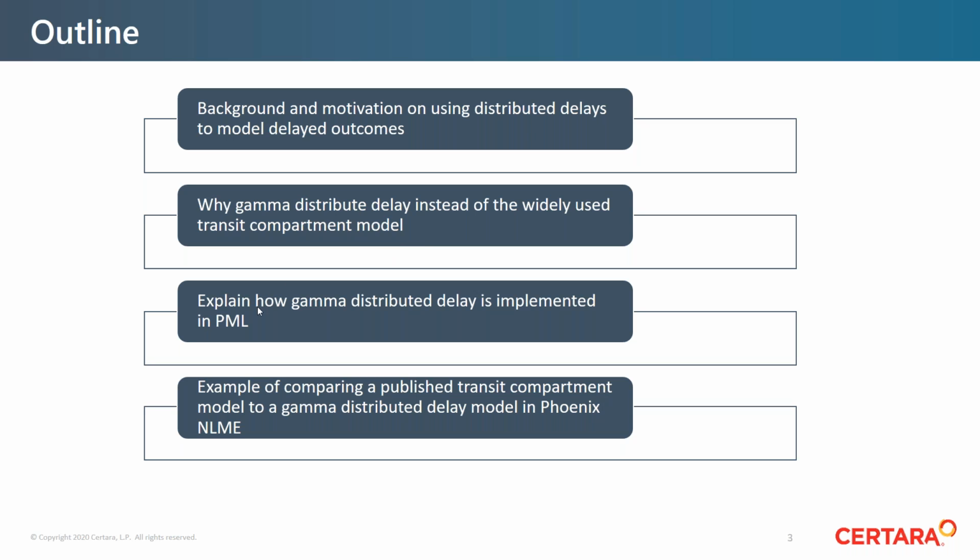Then I will explain how to implement gamma-distributed delay in PML. Finally, I will demonstrate how to extend a published transit compartment model to a gamma-distributed delay model and how to implement this model.